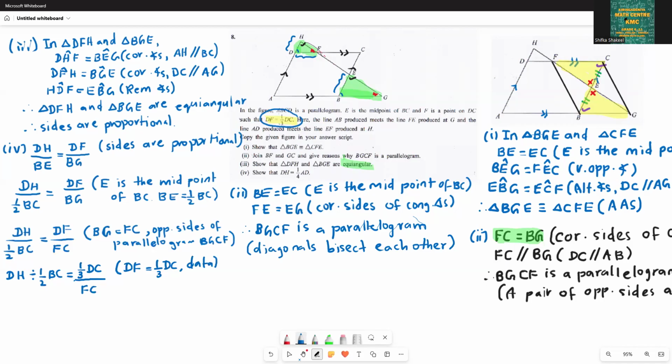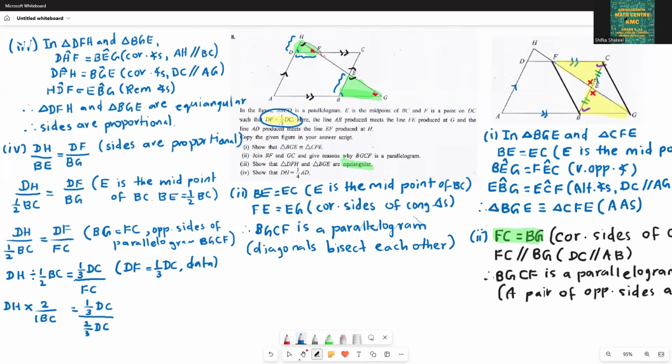That's why we replaced. So the division will change as multiplication, the fraction will rotate upside down, 2 over 1 BC, equals 1 over 3 DC over, instead of FC we can write 2 over 3 DC.